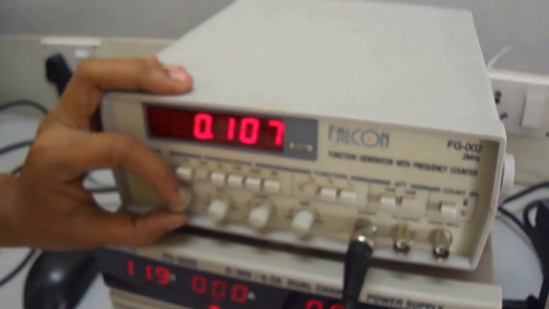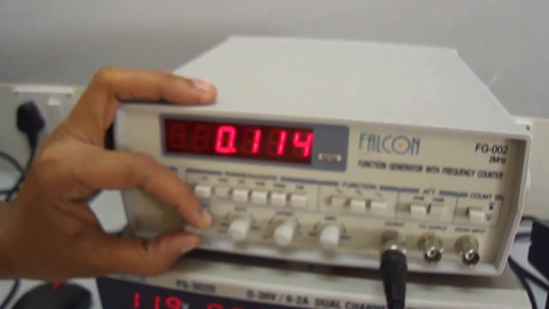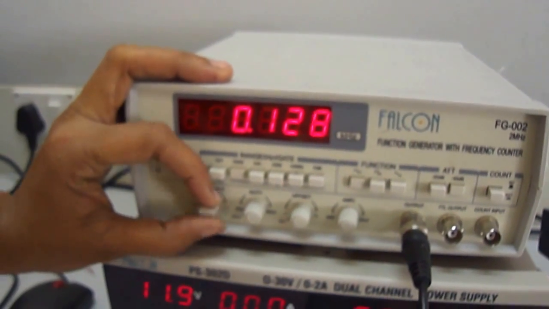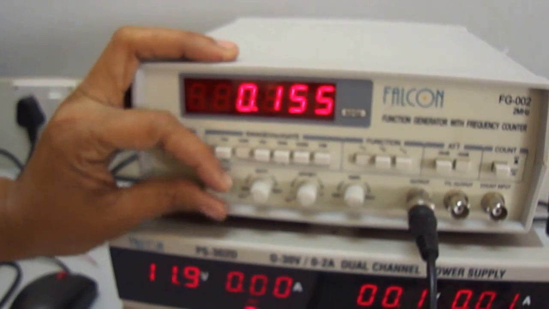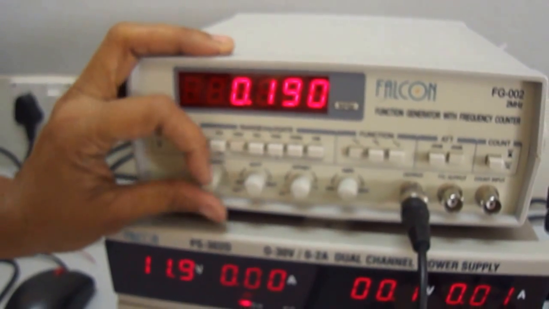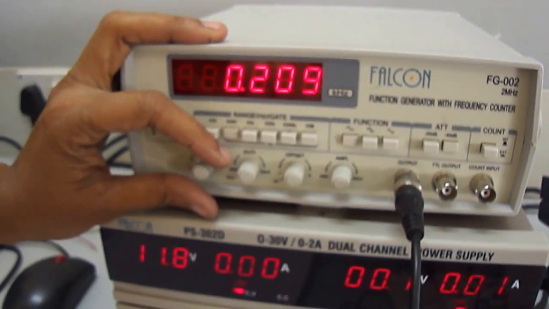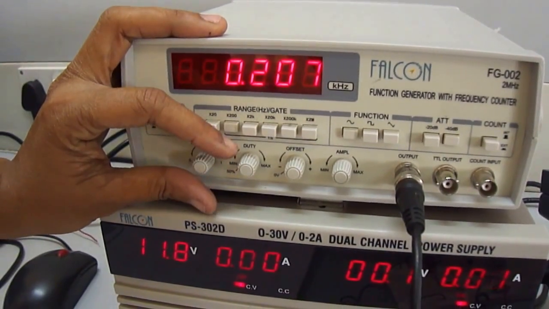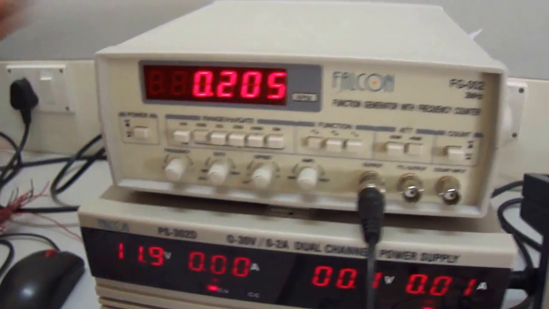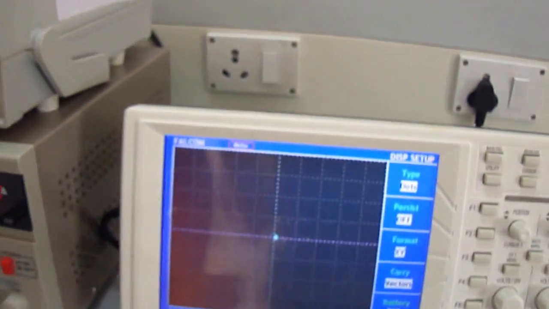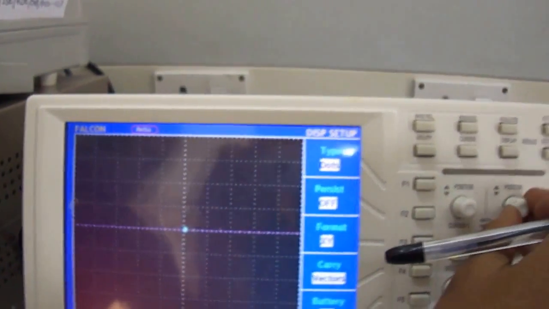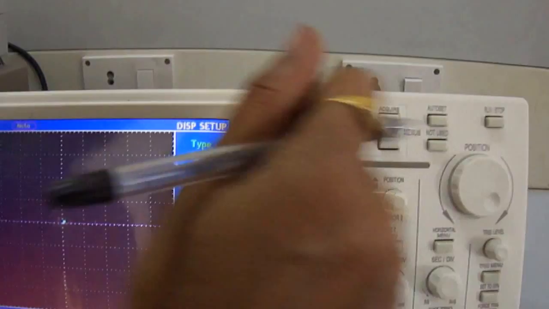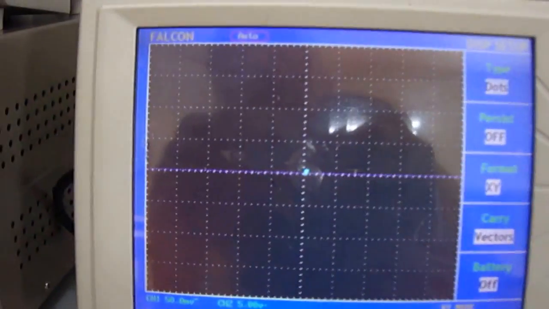Then increase the frequency to 200 Hz and note down the output. At 200 Hz, also 0.5 only.